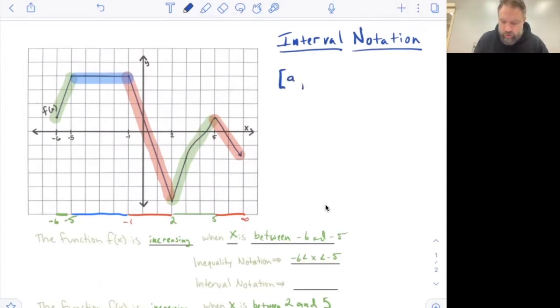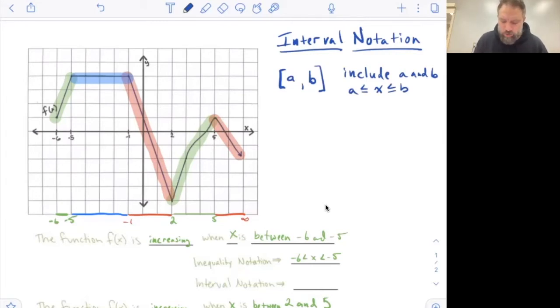When I use the square brackets A and B, I'm saying between A and B, but include A and B. It's all the values between A and B, but including A and B. It's like saying X is greater than or equal to A, but less than or equal to B. It could be A, it could be B, but it's somewhere in the middle.